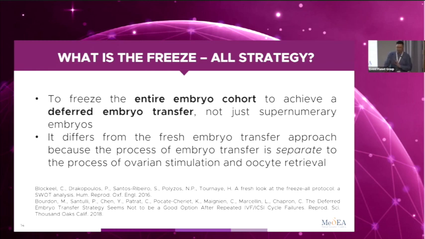The entire cohort, whatever embryos you have, you defer to the next cycle. And this process of embryo transfer, which Prof. Yu was mentioning, means you restart another cycle to get the endometrium ready, and it is definitely separate from the process of another ovarian stimulation and oocyte retrieval.